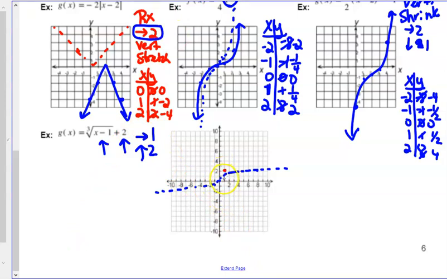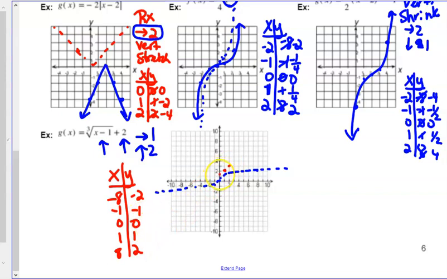So I'm going to take the original ones of those, our original cube root ones. I got to reverse all those. So negative 8, negative 2, negative 1, negative 1, 0, 0, 1, 1, and 8, 2. So from that new turnaround point, that's my 0, 0. Over 1, up 1 for the 1, 1.